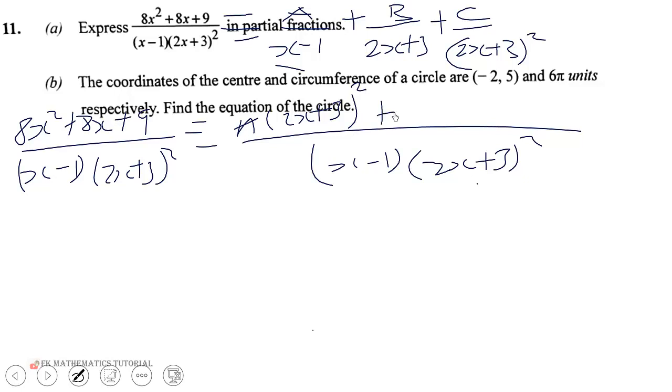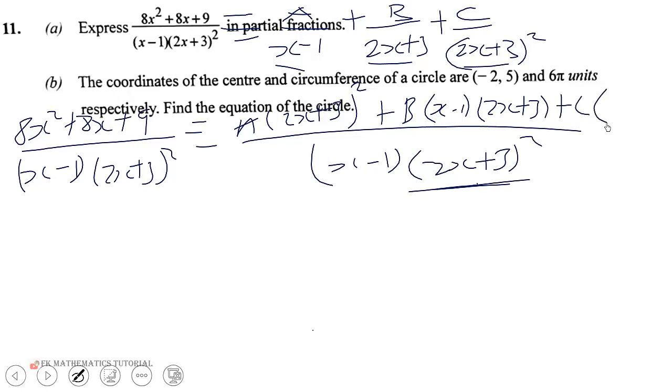Then when this comes here, this one of this is taken away, so we have b into bracket x minus 1 to bracket 2x plus 3. And when this comes here, all of this is taken away, we have c into x minus 1.